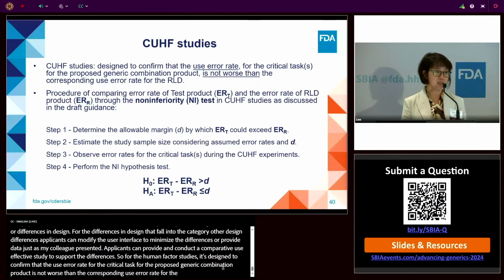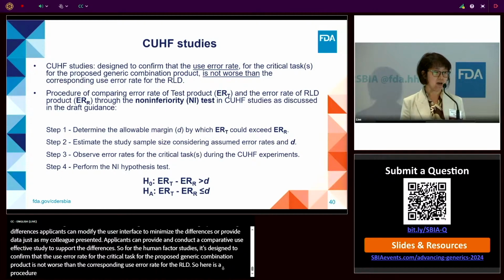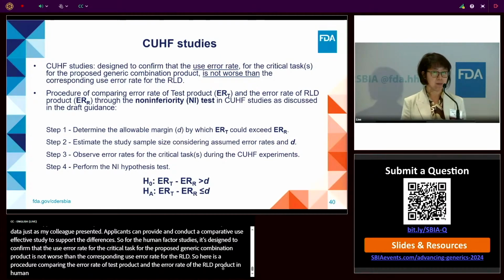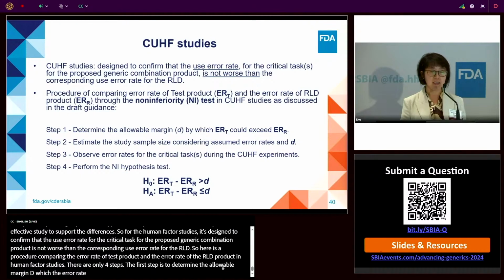So here is a procedure of comparing the error rate of the test product and the error rate of the RLD product through the non-inferiority test in human factor studies. There are mainly four steps. The first step is to determine the allowable margin D by which the error rate of the test product could exceed the error rate of the RLD product.